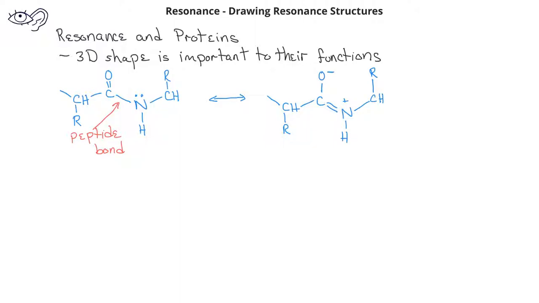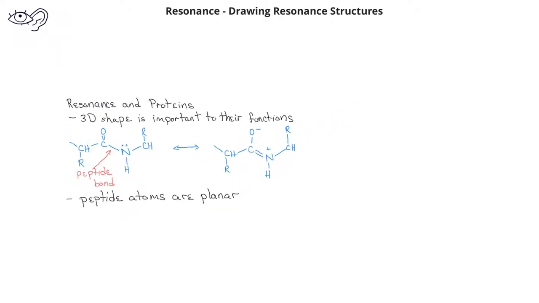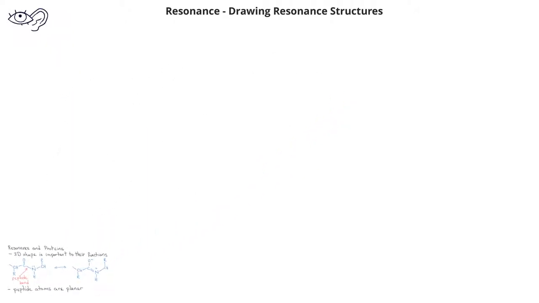Because we can have multiple resonance forms for this peptide bond, it means that these atoms are maintained in essentially a planar structure. This planar structure of the peptide bond keeps the proteins in a very determined three-dimensional shape, which has important implications for their functioning as a biological molecule.